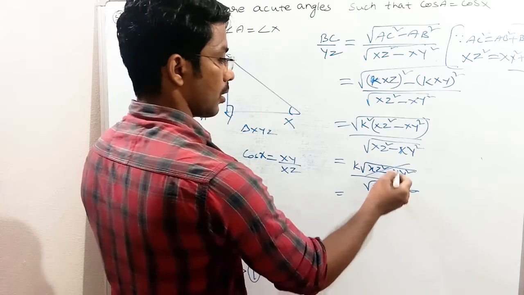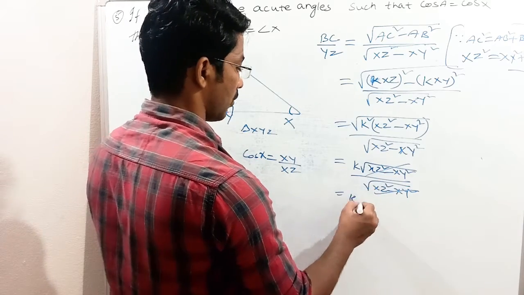So XZ square minus XY square gets cancelled and we get K.